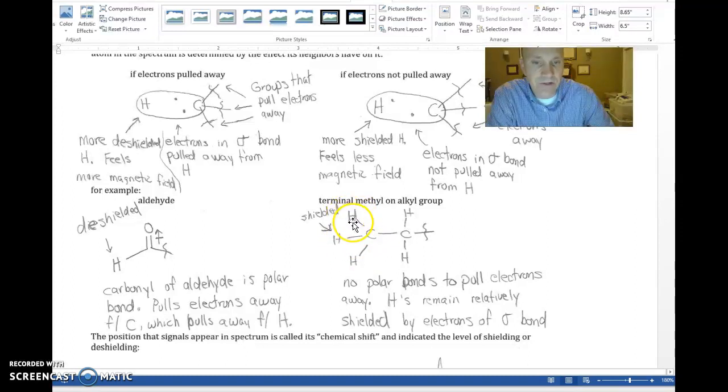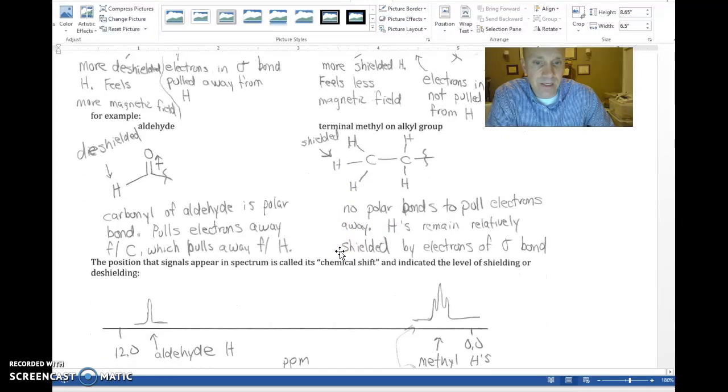And so these hydrogens are going to be relatively well surrounded by the electrons in those sigma bonds, and that's going to make them what's called shielded. Since they have that shield of electrons around them, they're going to be relatively protected from that external magnetic field compared to something that has those electrons pulled away. So that's the basis on which NMR operates.